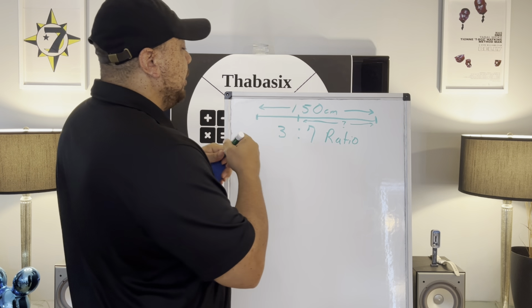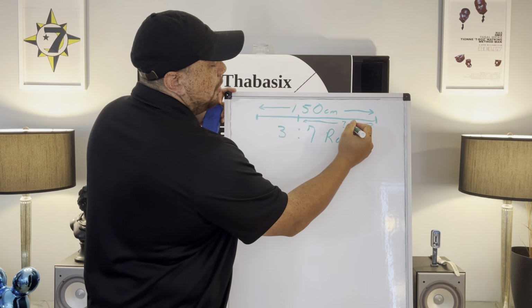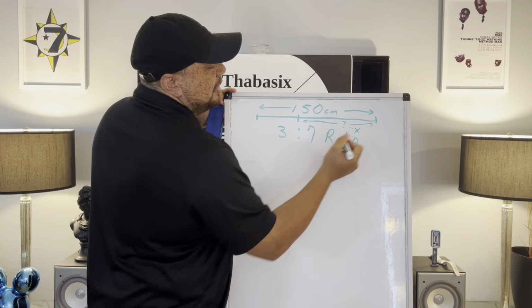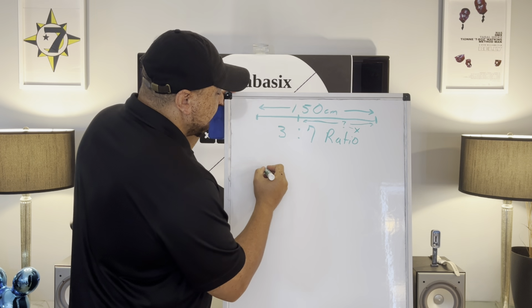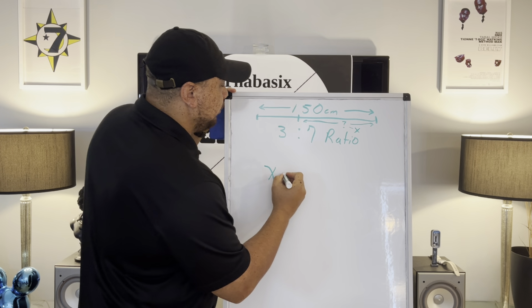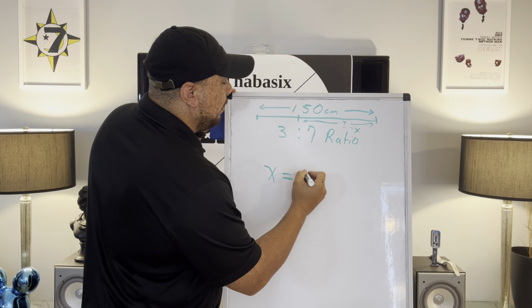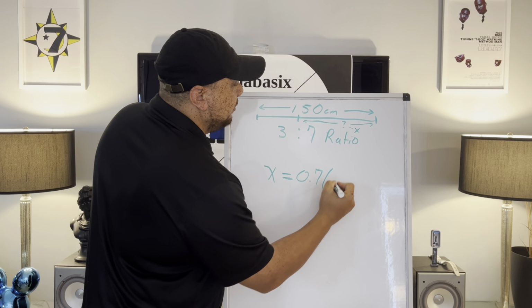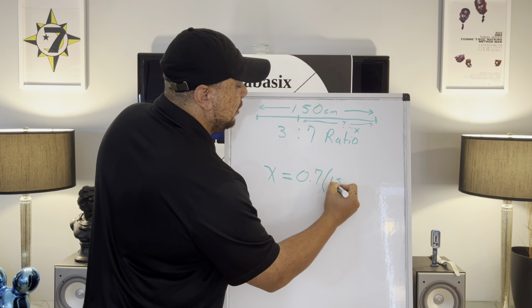So the question mark, I'm going to label this X. X means we're looking for that. So X is equal to 0.7 times 150.